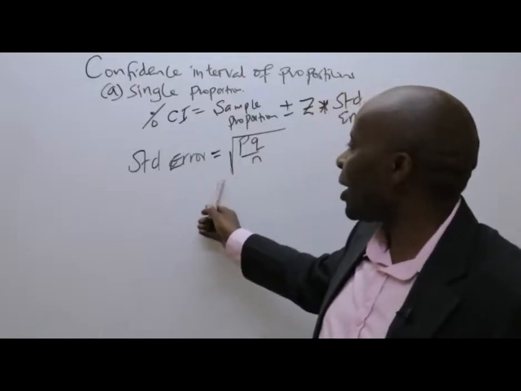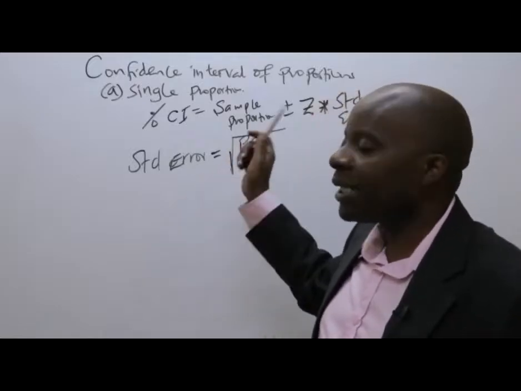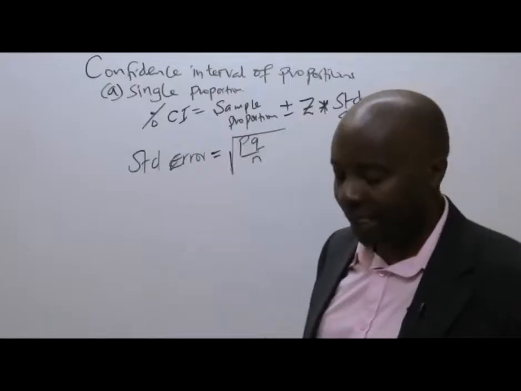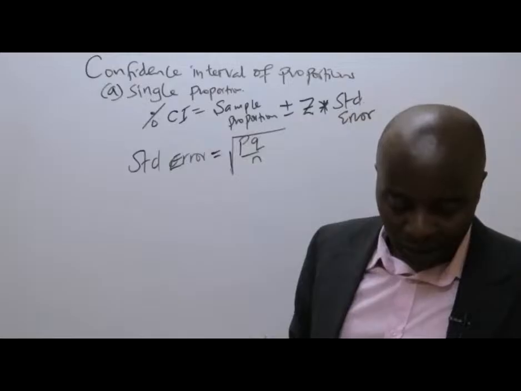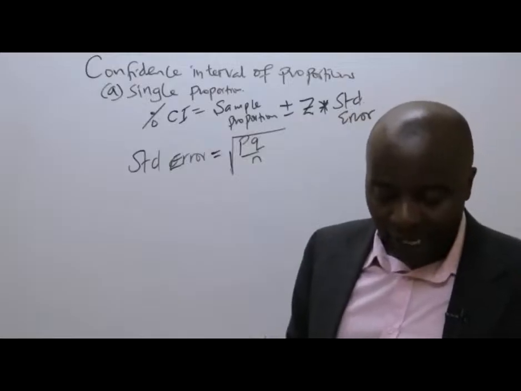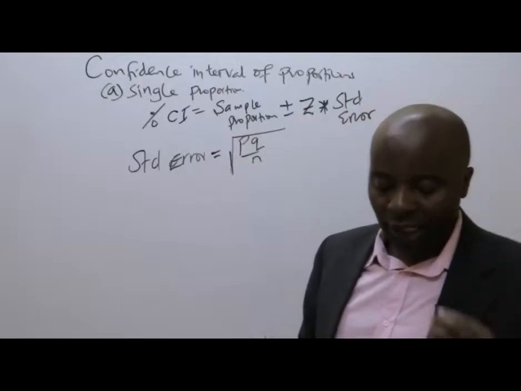The standard error equals the root of P times Q all over N. And for you to understand what P stands for, what Q stands for, I would want us to look at an illustration. Let's look at an illustration.